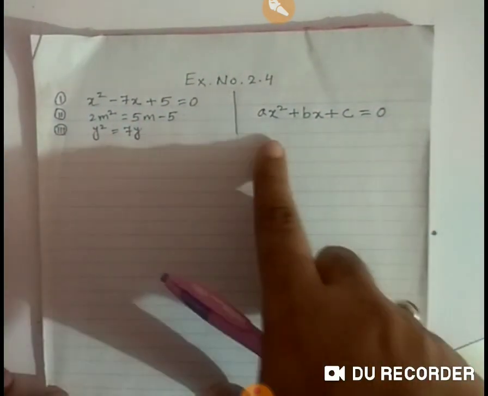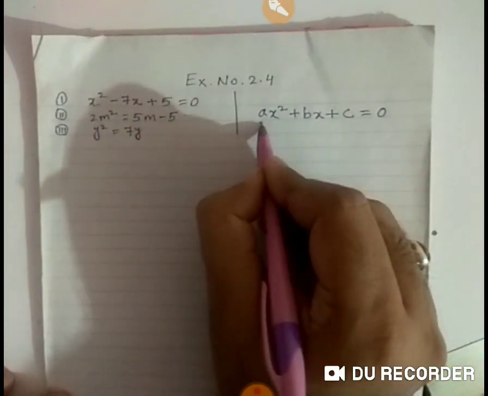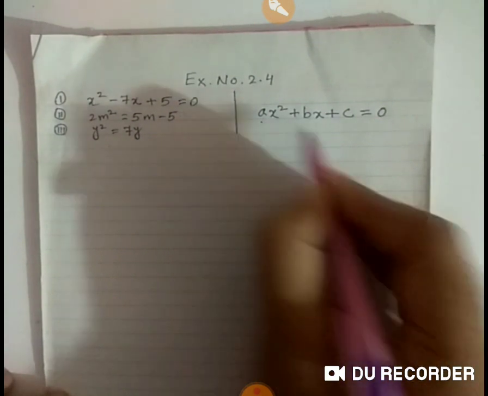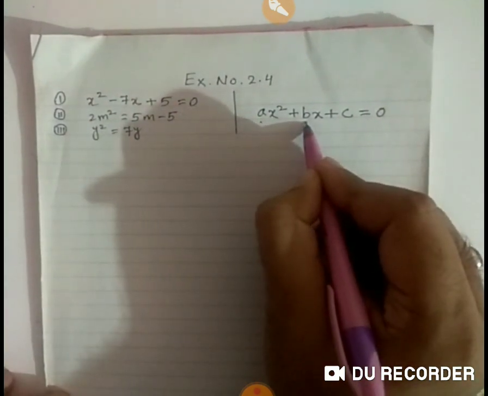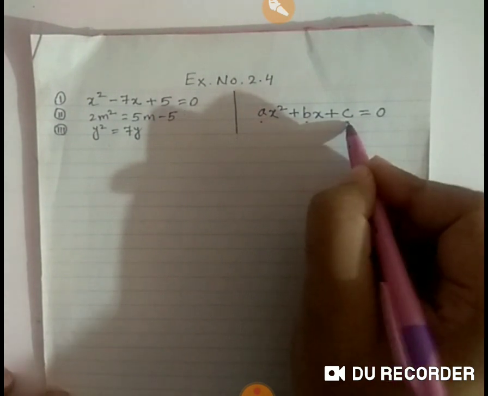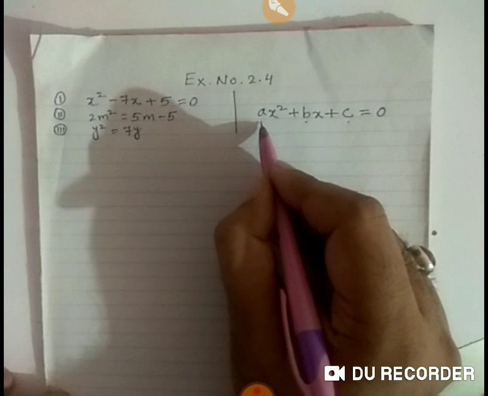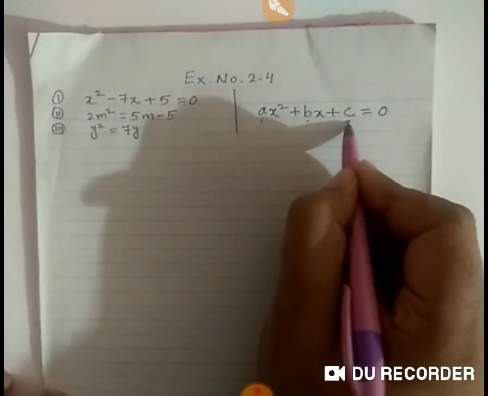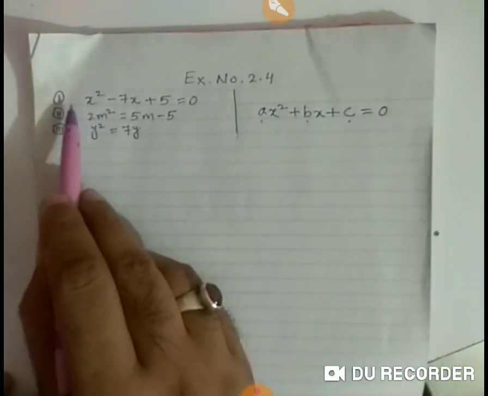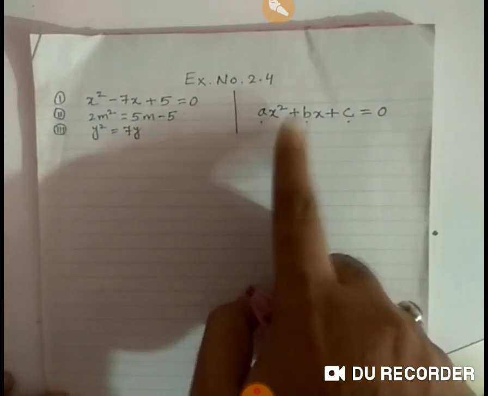This is the standard form of a quadratic equation, where a is the coefficient of the first term, b is the coefficient of the second term, c is the coefficient of the third term. And you need to find out the values of a, b and c after writing these three equations in proper standard form, in this form.